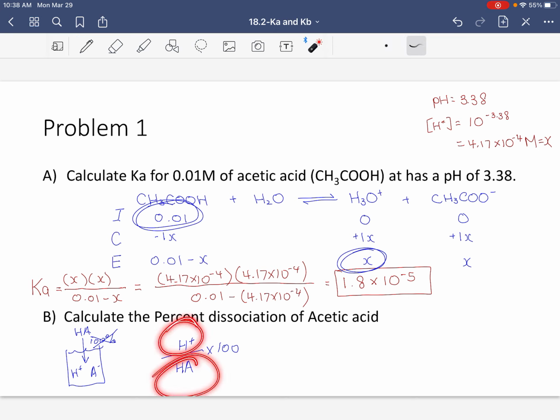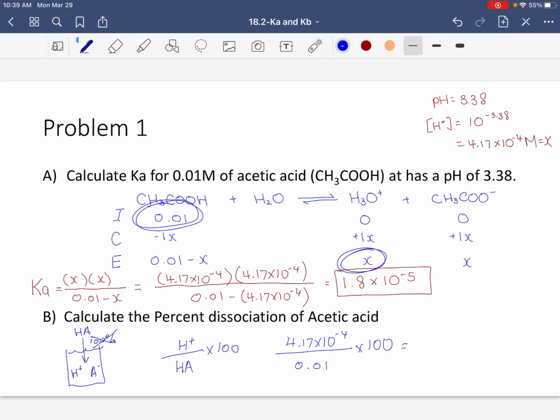We know what this value is. So let's plug that in. So that's obviously 4.17 times 10 to the power of negative 4 over 0.01 times 100, and the answer here is 4.17%.